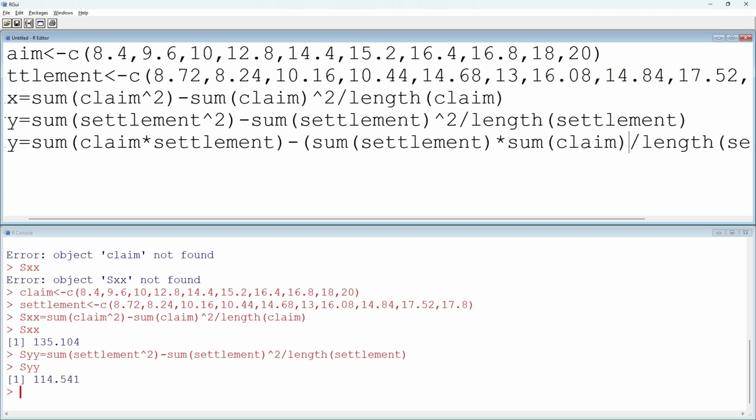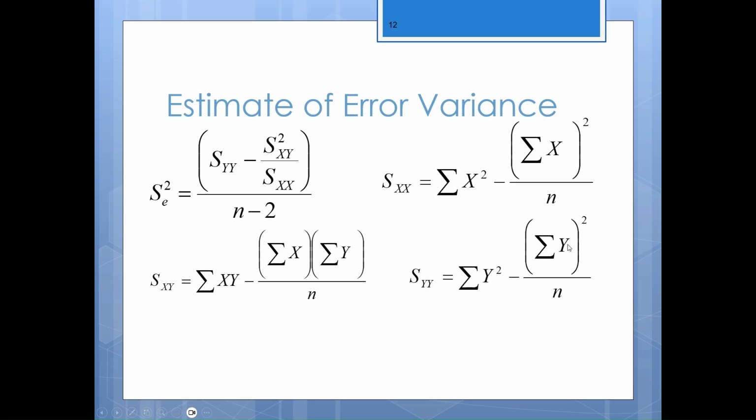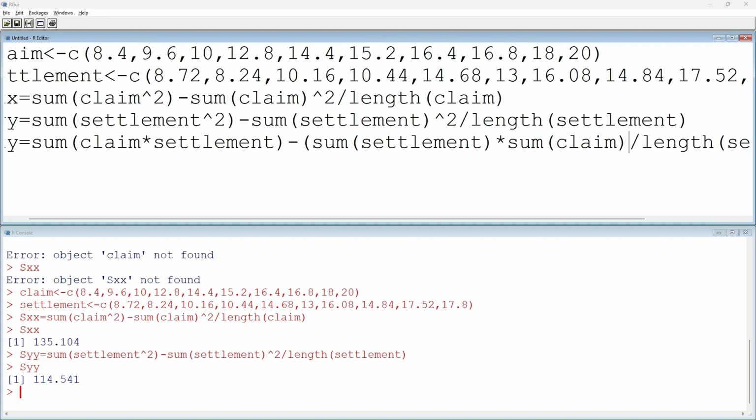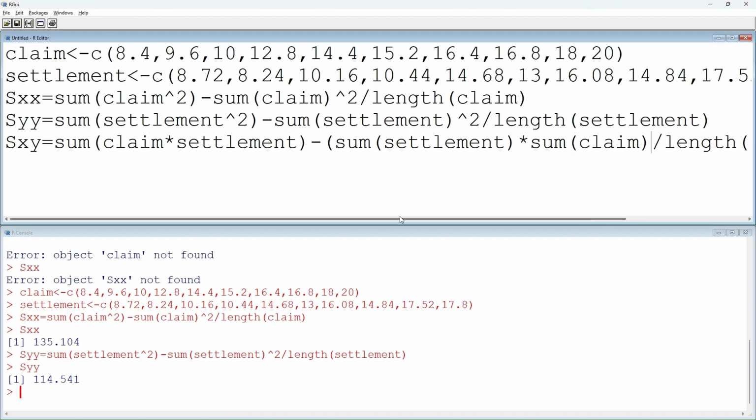Remember the formula again. This is the formula that I'm referring to. Sum of xy minus the sum of x times sum of y divided by n. All right. So we can execute that.